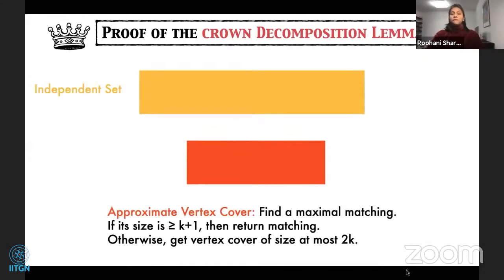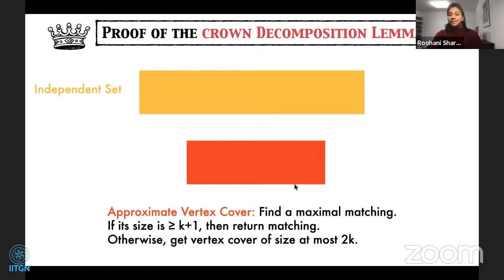So let us find some approximate vertex cover in the graph. And that can be done simply by finding a maximum matching in the graph, and then if its size is greater than k+1, then you just return the matching, because the crown decomposition lemma allows you to return a matching of size k+1. Otherwise, you get a vertex cover of size at most 2k in the graph.